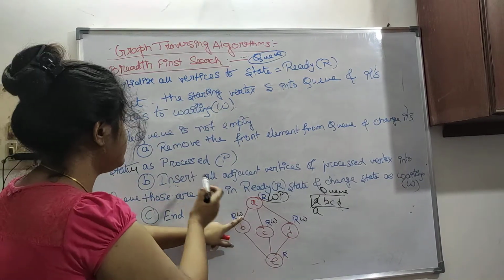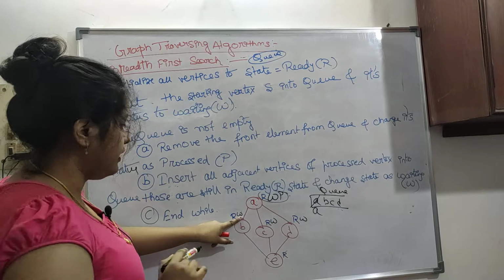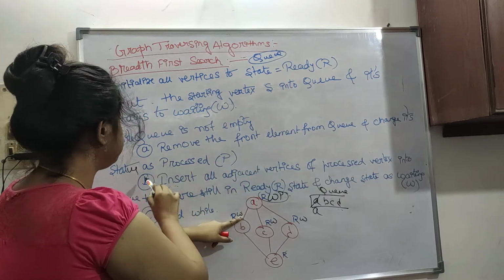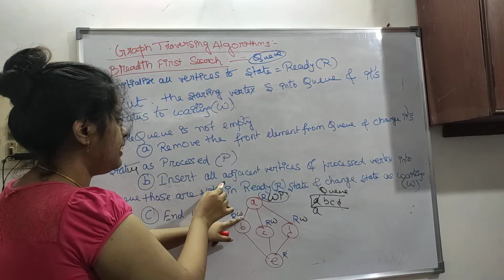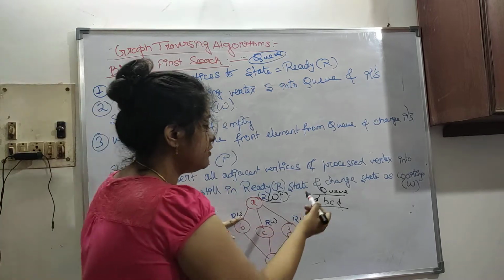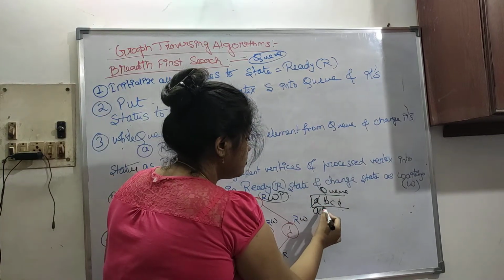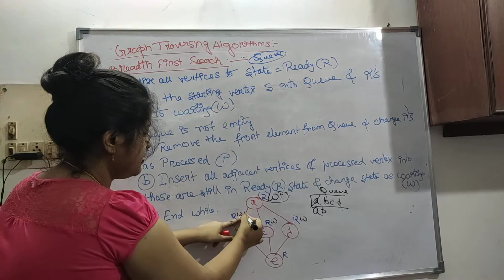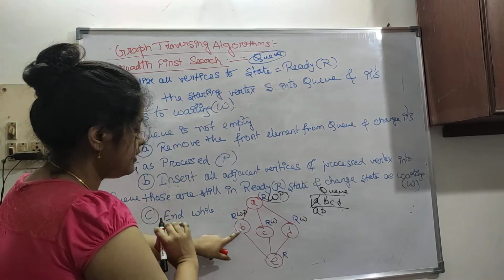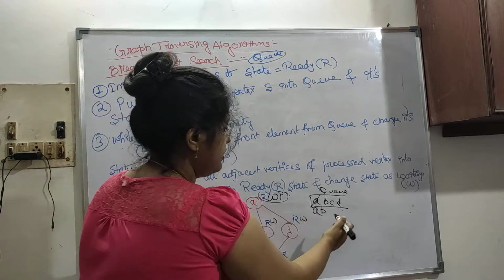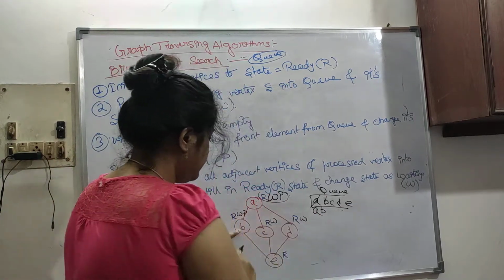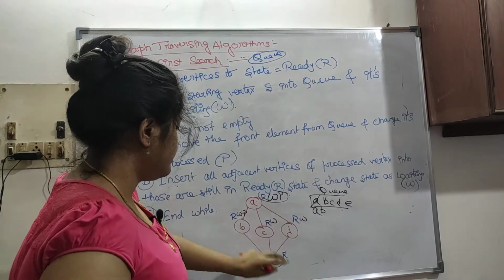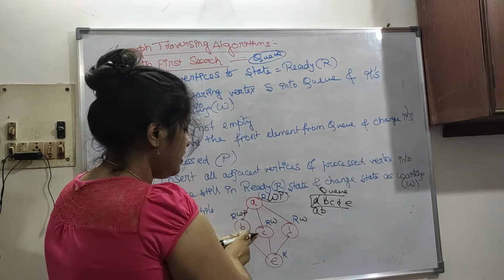We remove it from the queue and change its status to processed. Its adjacent nodes are kept in the queue, so only E is there. So B is done.